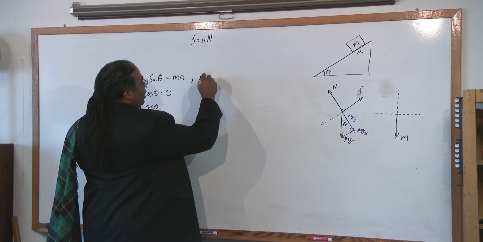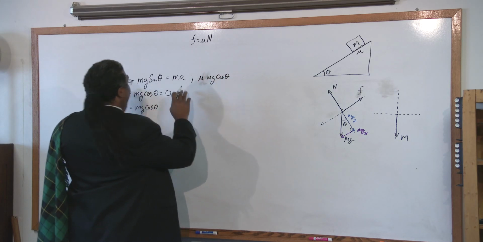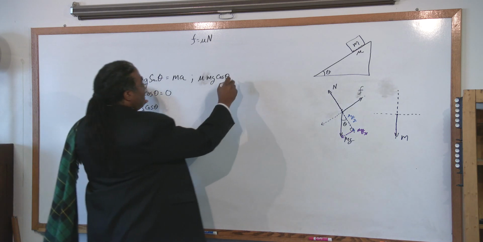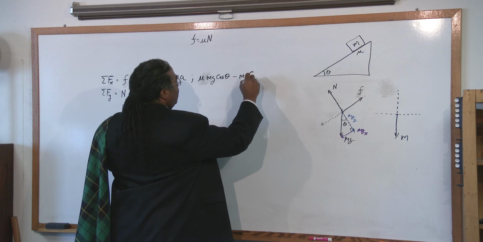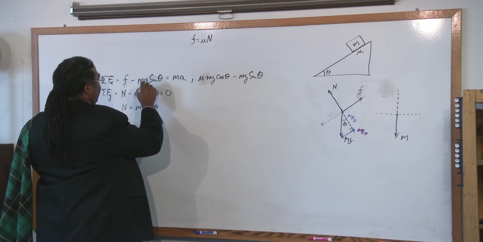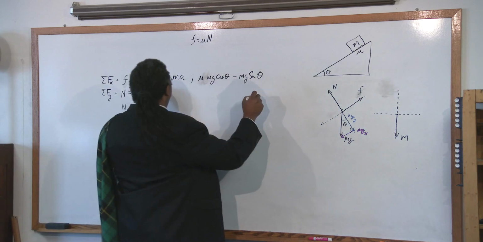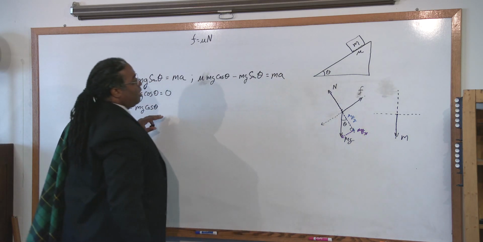So we say mu mg cosine theta minus mg sine theta. We're just writing that over. And that's equal to ma.